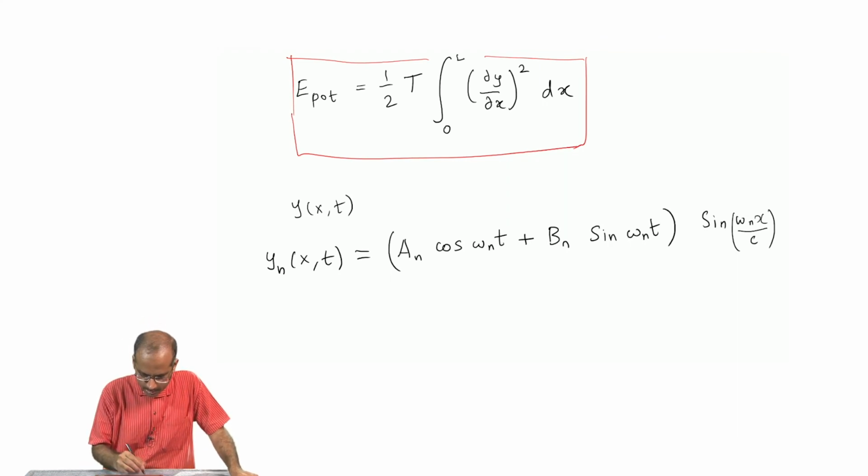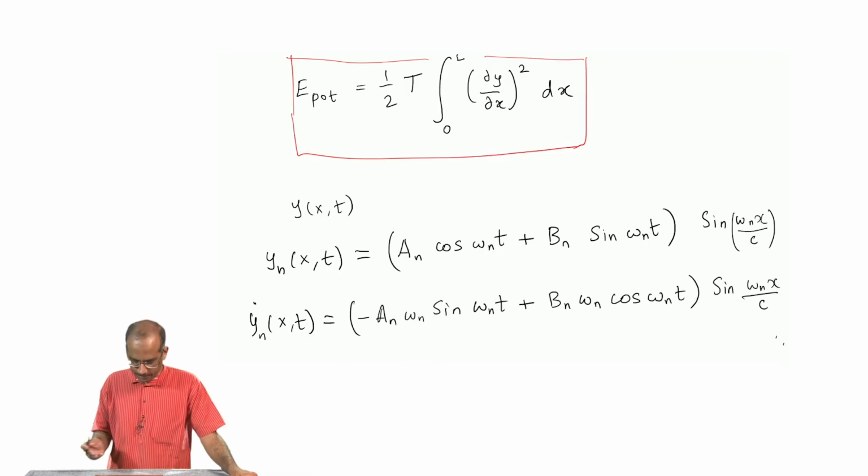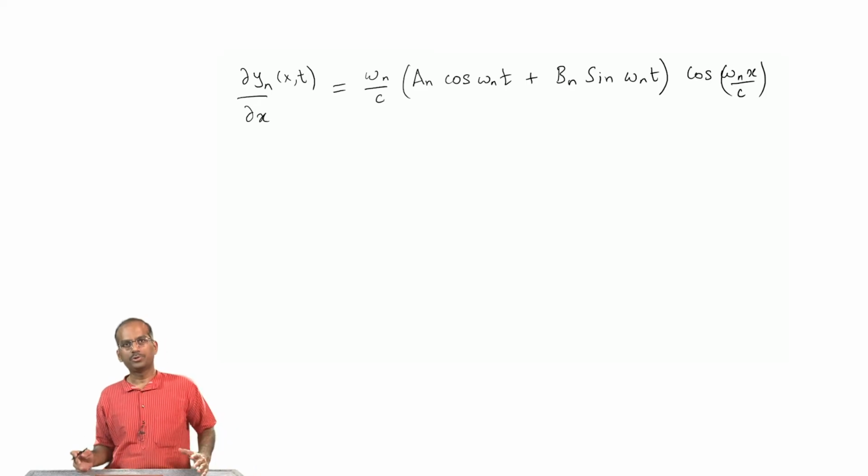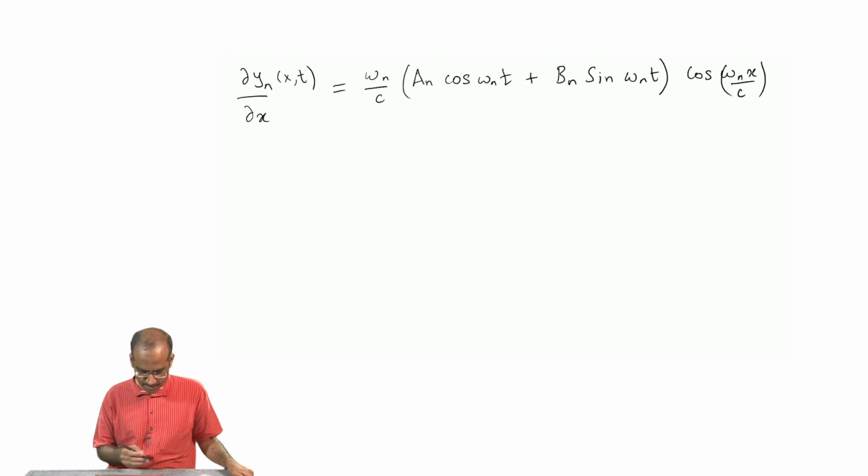So, y dot would be y n of x comma t, that would be this. So, I have computed y dot of x comma t. Similarly, I also need an expression for dou y by dou x. With these two expressions, the rest of the work is simply to substitute them in our kinetic and potential energy expressions.